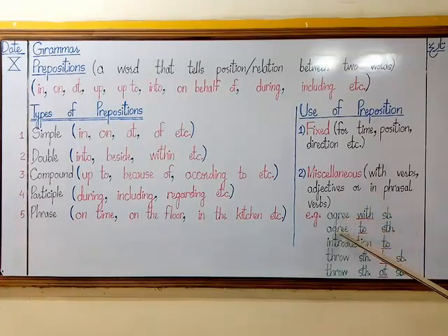But if you are using something after agree, you will use to as a preposition, not with. Agree to your proposal, agree to your favor, agree to your point of view. Is that clear? So whenever you use somebody after agree, we use with. Whenever we use something after agree, we use to.